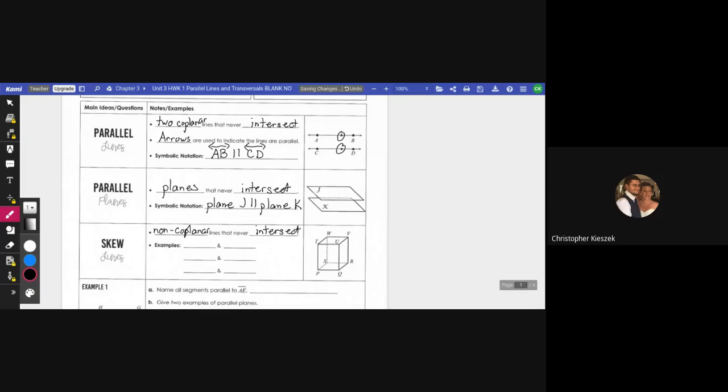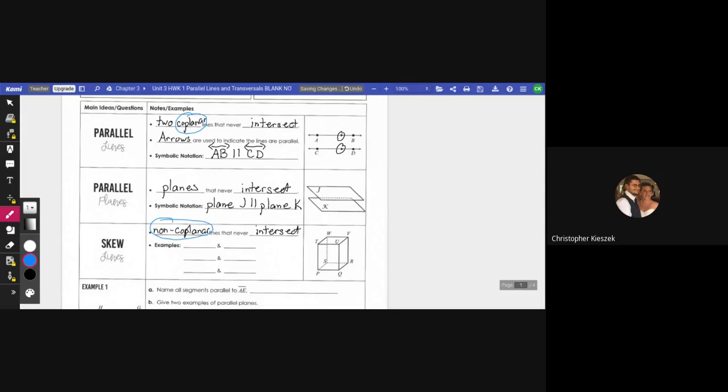They are lines that never intersect. But again, key words to see a difference. These are two coplanar lines. These are basically non-coplanar lines. And I should have circled the whole thing. Non-coplanar.